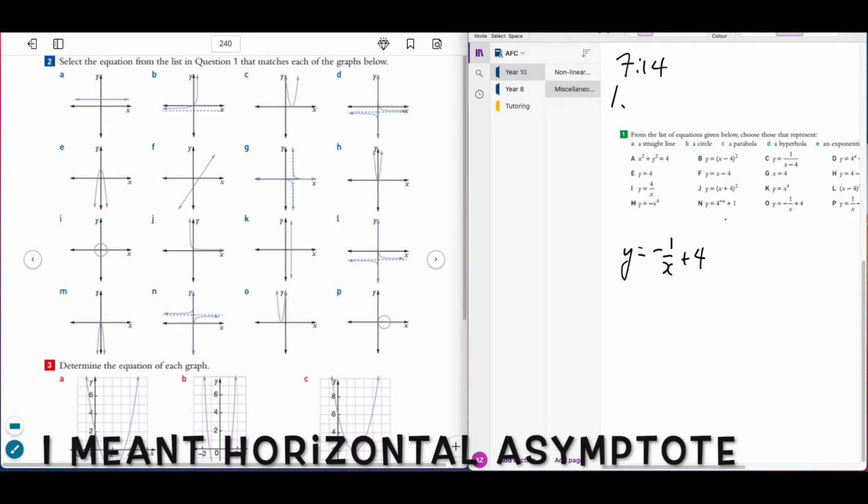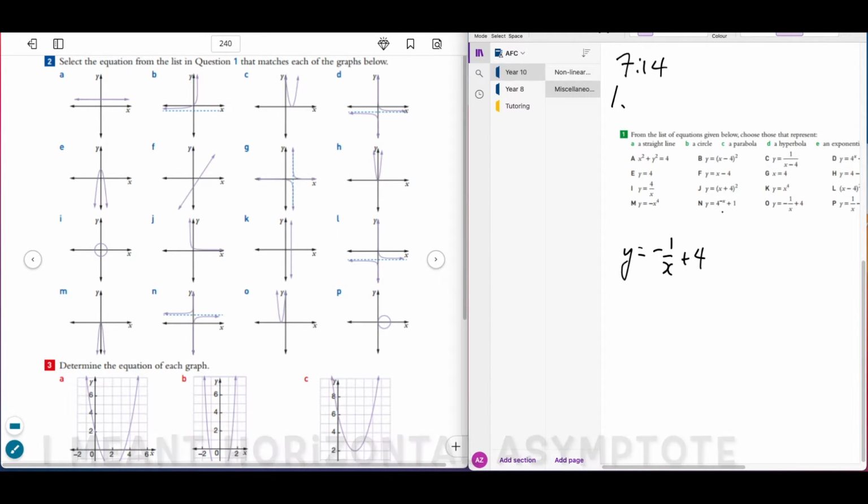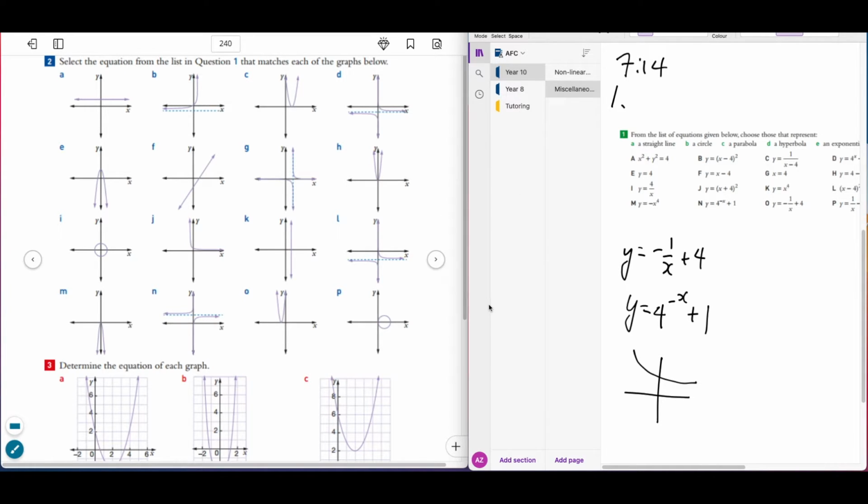All right, let's pick another one. Let's pick N. y is equal to 4 to the minus x plus 1. So this is an exponential that's shifted up 1 unit. But remember, because it's a minus x, the exponential should not look like this. It should look like that, right? And it's shifted up 1 unit. So let's see which exponential looks like that.